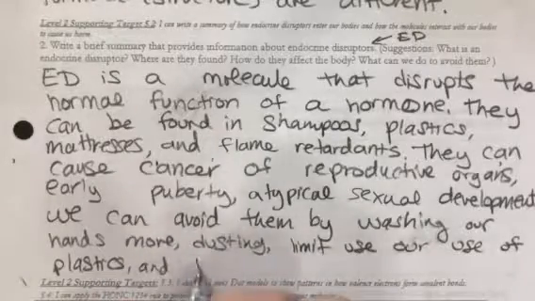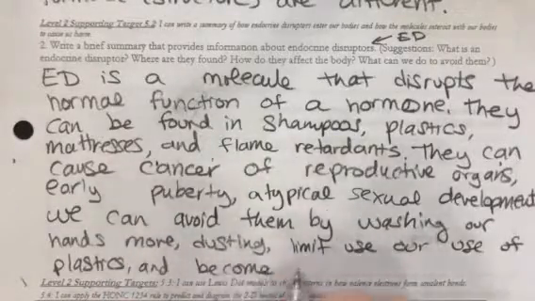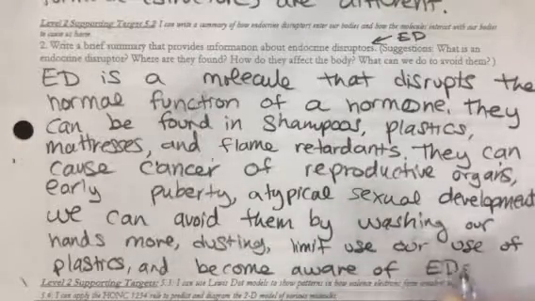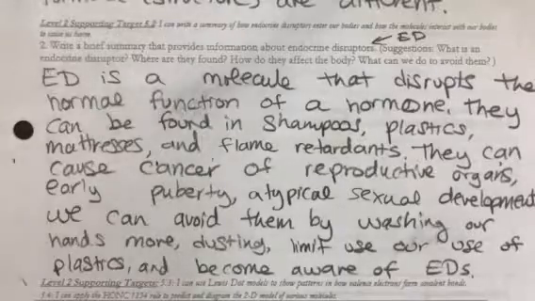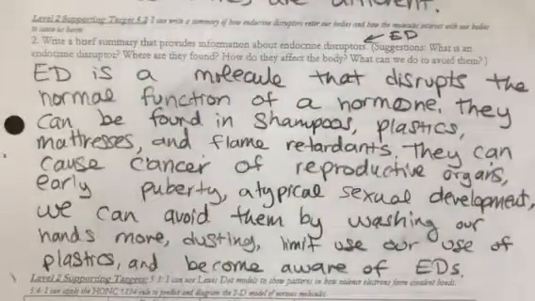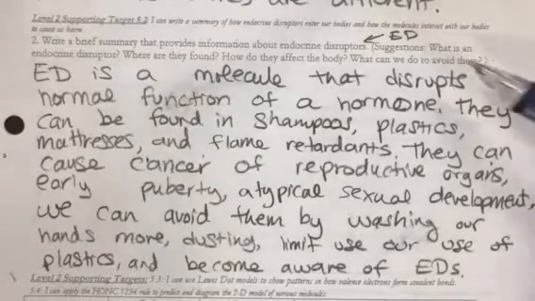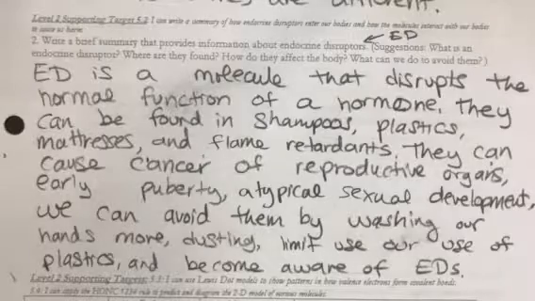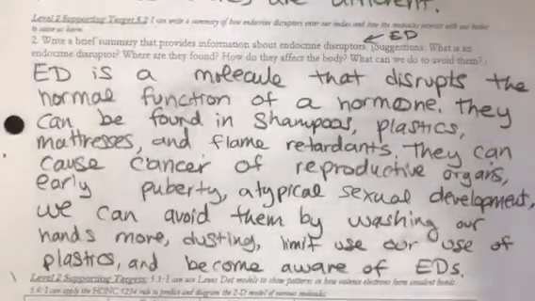And also certainly becoming aware is the first step, becoming aware of endocrine disruptors. So that would be a very detailed summary. Your summary can be somewhat shorter, but I am expecting it to answer at least 2 of these 4 questions. All right, so then we go on to number 3 and number 4.